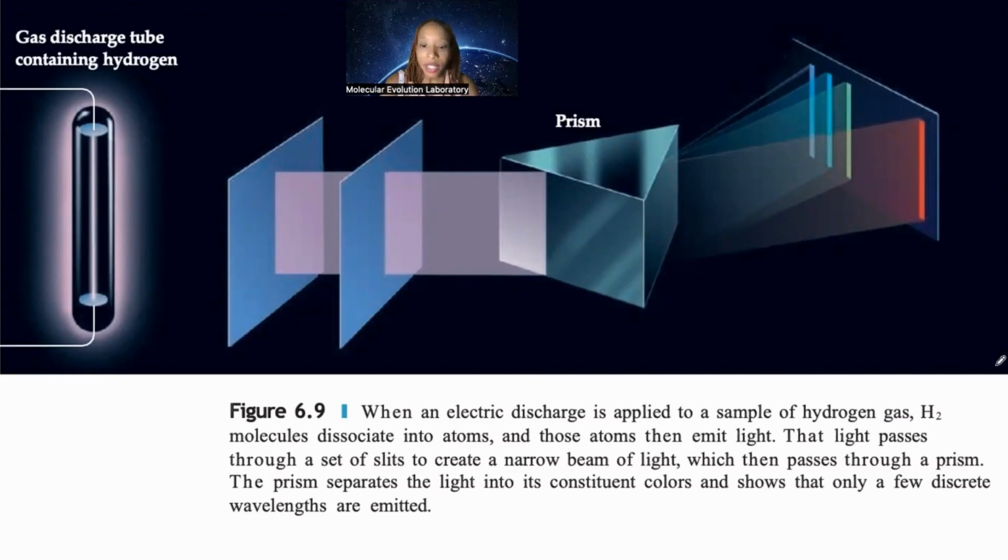When an electric discharge is applied to a sample of hydrogen gas, H2 molecules dissociate into atoms, and those atoms then emit light. That light passes through a set of slits to create a narrow beam of light, which then passes through a prism. The prism separates the light into its constituent colors and shows that only a few discrete wavelengths are emitted.